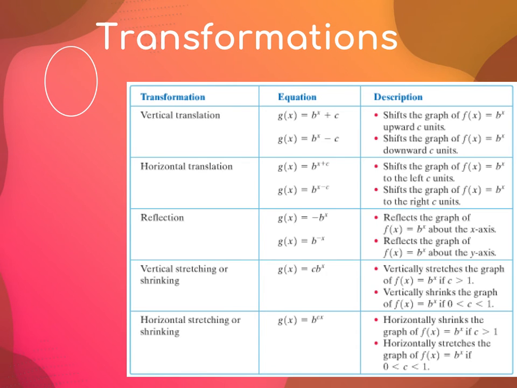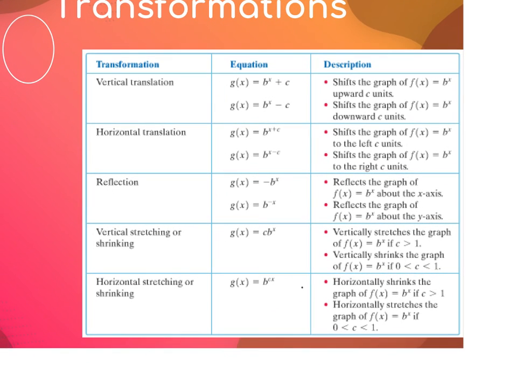Just look here. So again, just like before, we're going to translate our functions or our graphs up and down, left and right. We'll reflect them, and we'll also make them go up faster and slower, where we'll be stretching and shrinking.